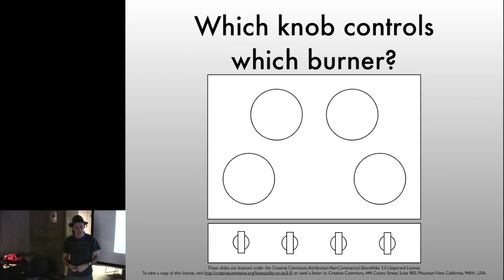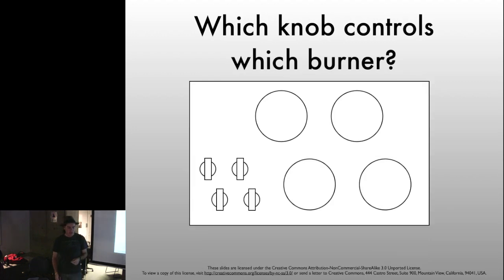This is even better, because now there's a very clear left to right ordering of the burners that maps onto the left to rightness of the knobs. So now I don't need labels on the knobs to say which burner is which. Here is arguably an even better way, because the knobs are in the exact same configuration as the burners. Again, we don't need labels because the mapping is clear. Does that make sense?